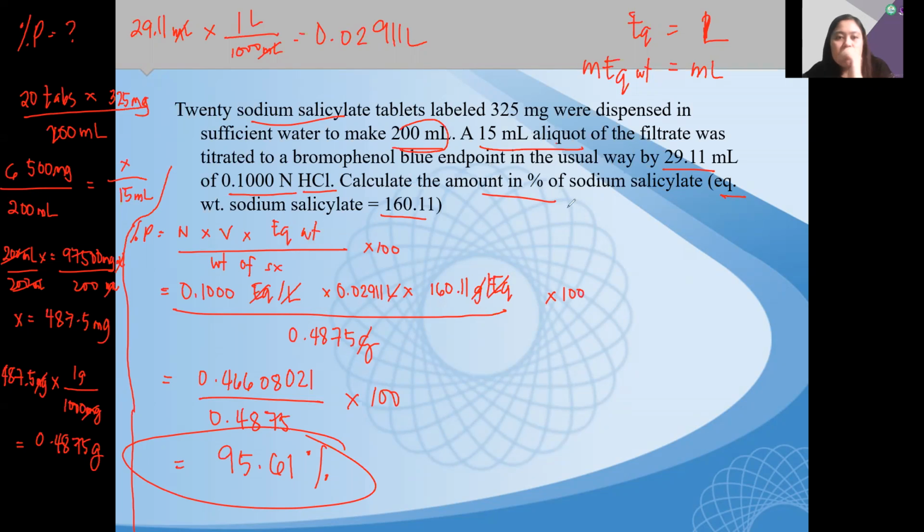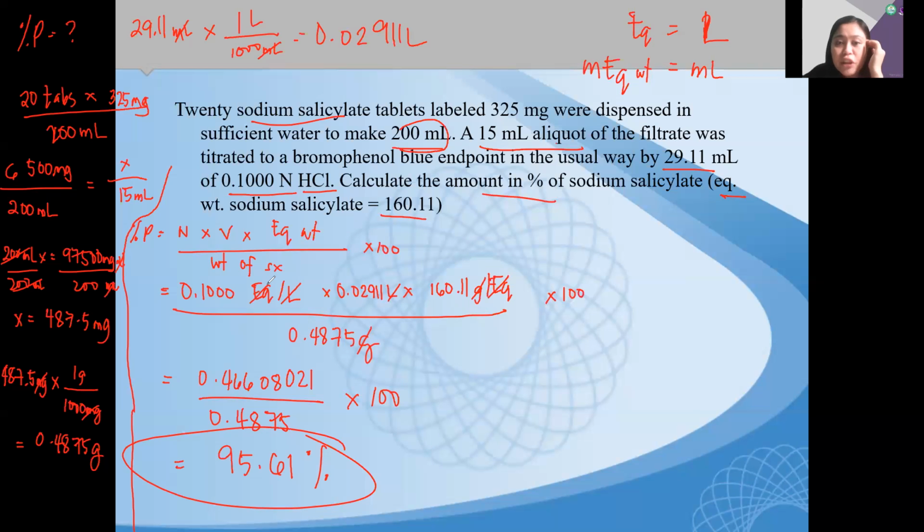Kasi in equivalent weight, ang partner niya is in liters. Kaya ako nag-convert. So itong unit ng normality, we can always adjust the unit. The same lang yung number. Magbabago lang siya. Instead of MEQ per ml, pwede mo din gamitin ang equivalent per liter kasi equal naman sila sa capital letter N.